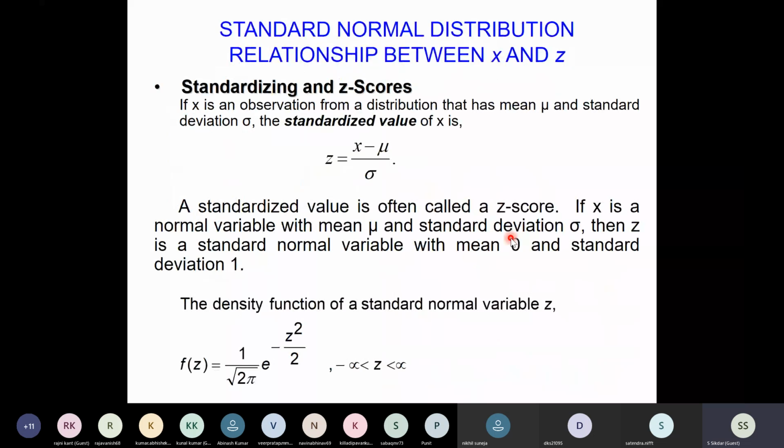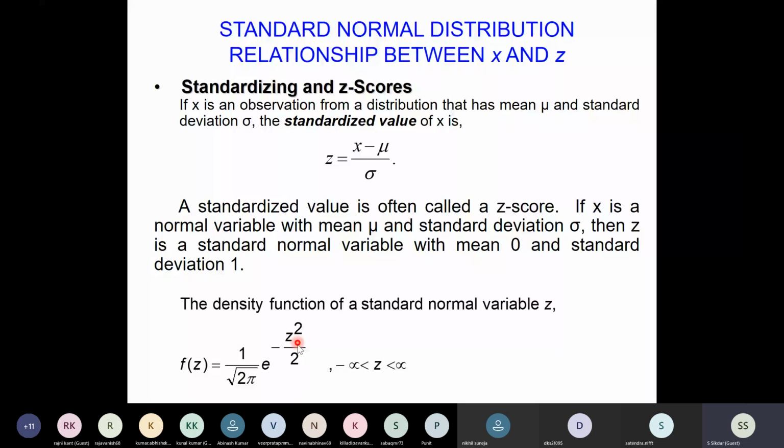Then all these things: the standardized value z is equal to (x minus mu) divided by sigma. Once you put the value of z, you can convert f(x) dx into 1 by root over 2 pi e to the power minus z square by 2.